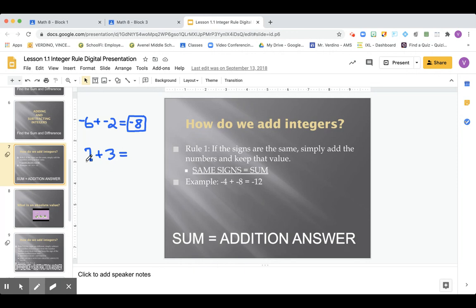These are both positive values. So we know to add these, take the sum. Now, how do I know if it's positive or negative? If they're both positive, your final answer will be positive. Think of money. You made $7 and then you acquired another $3. In total, you have collected $10.